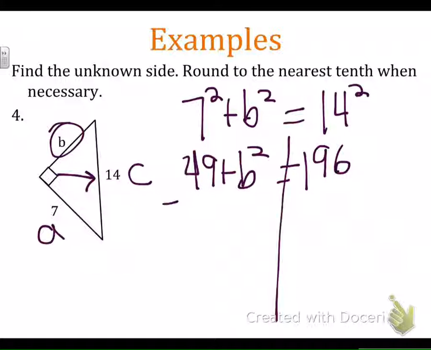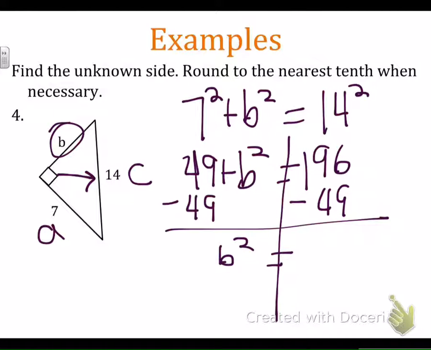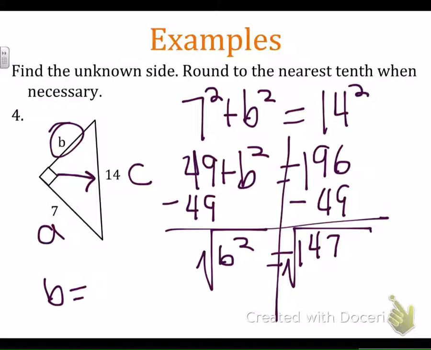Okay, now we subtract from each side. So minus 49. So b squared is equal to 147. To get rid of the square, just to get b by itself, we have to take the square root. So 12.1. So b is equal to 12.1.